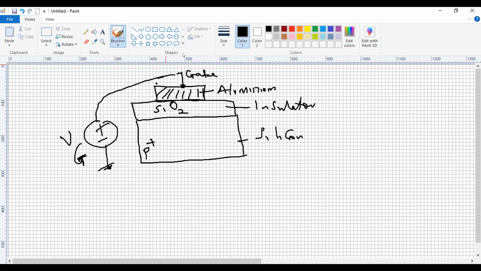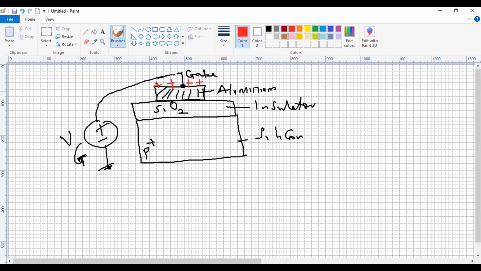Let's change colors. We'll go with red. Since I've got a positive on that side, we'll just keep increasing the voltage. Initially I've got a small positive voltage. Since there's an insulator in between, we don't expect any current or flow.